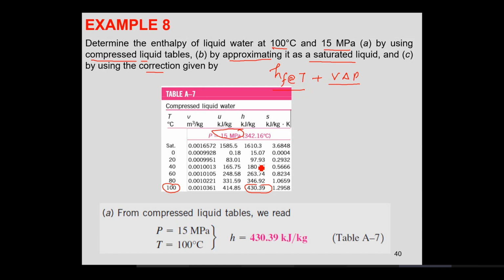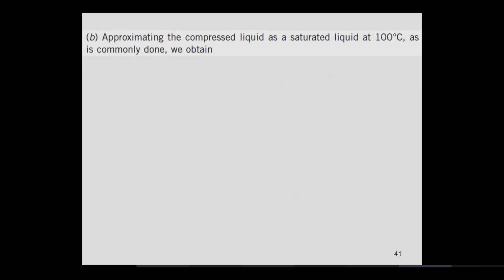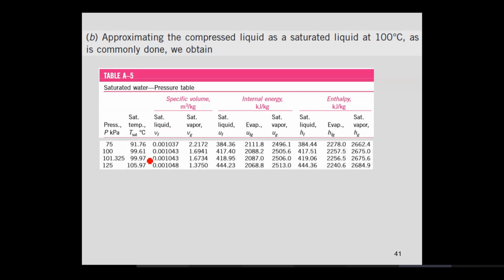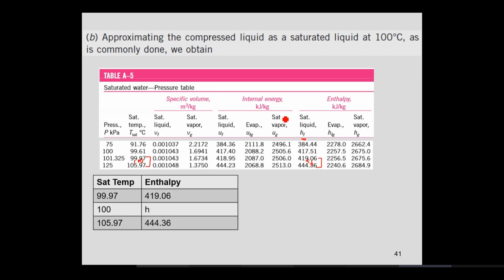When you have to approximate it as saturated liquid, you know your temperature is 100 degrees centigrade. So you have to find out the saturated liquid enthalpy value at the saturation temperature of 100 degrees centigrade. So you'll go to table A5. In table A5, you have saturation temperatures given to you as 99.97 and 105.97. 100 lies in between, so you'll have to do the interpolation for the H value, where you can find out the Hf saturated liquid value at the desired temperature.